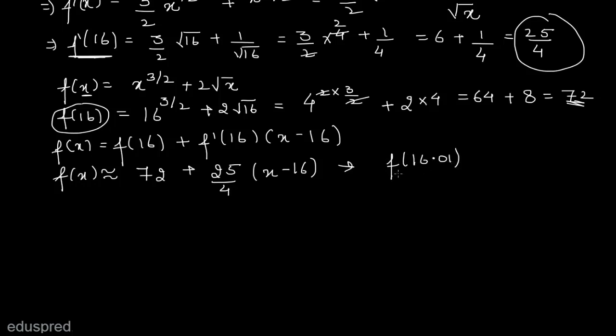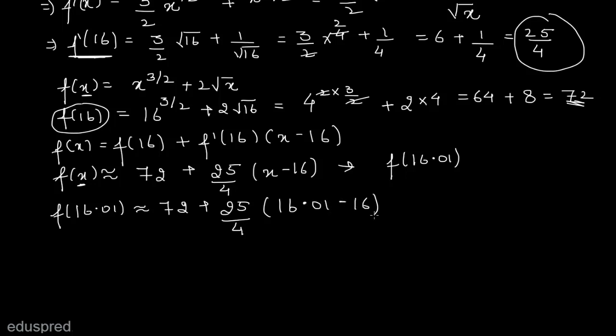Now the question says that using this linear approximation, we have to evaluate the value of f(16.01). So substituting x with 16.01 would give us f(16.01) is approximately equal to 72 + (25/4) multiplied by (16.01 - 16).